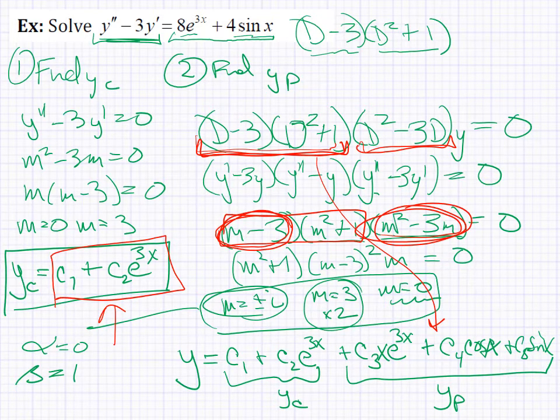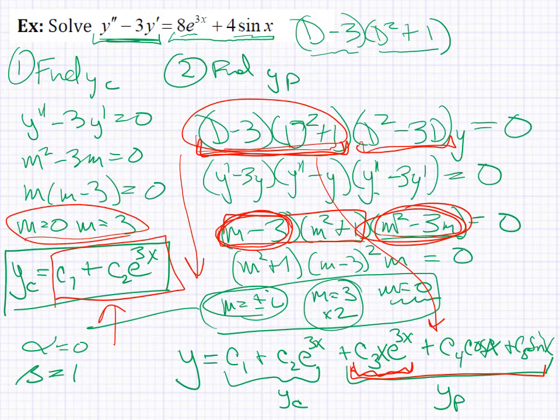And so the fact that it's repeated is important because that makes a difference right here. So what you want to do is realize what the process is. Realize that y sub p is largely coming from the annihilators. But if any of those annihilators share a 0 with one you already found, that's going to make a difference in your y sub p.